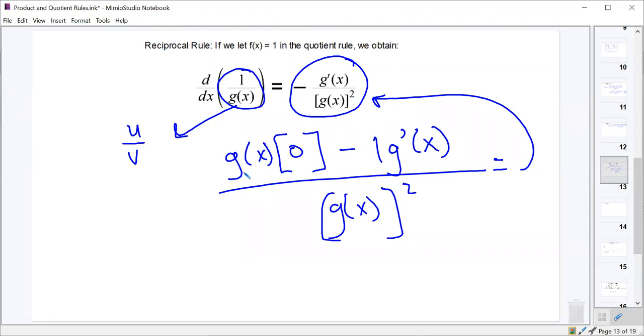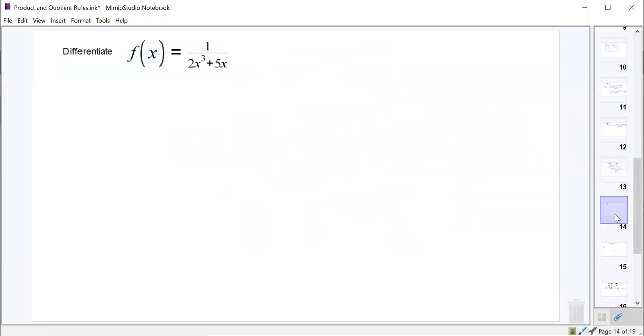You don't have to memorize it, but it comes up often enough that you might want to, and then it's kind of convenient. So let's do one real quick one using just the reciprocal rule, and then we'll be done for the day.